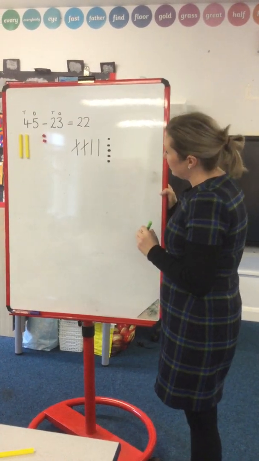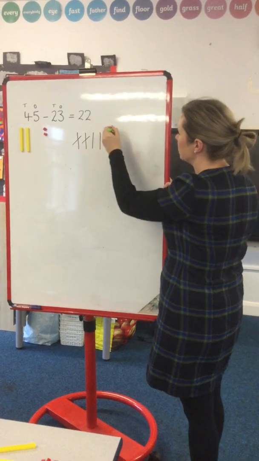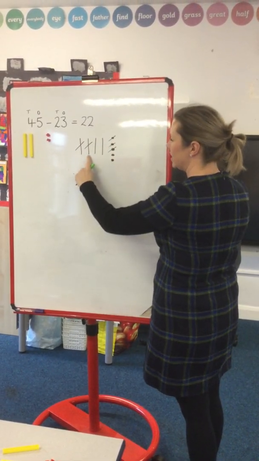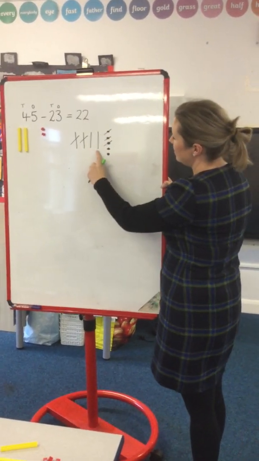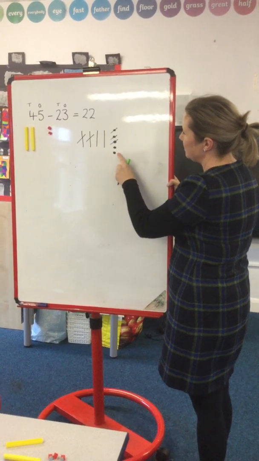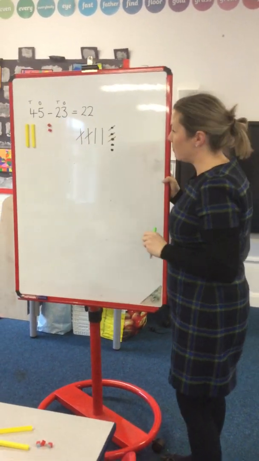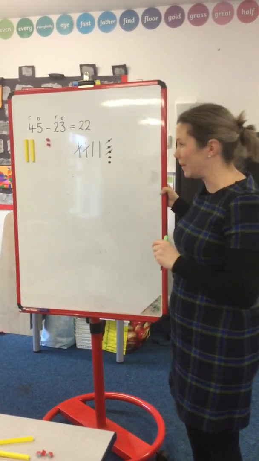And then once we've done the 10s, we're then going to look at the 1s, and we've got to take 3 of those away. So that's 1, 2, 3. So altogether we've taken away 10, 20, 21, 22, 23. And that leaves us with 10, 20, 21, 22. So Penny would know we've got it right. We better prove it another way, children, because we know she's still going to say that she doesn't believe us.